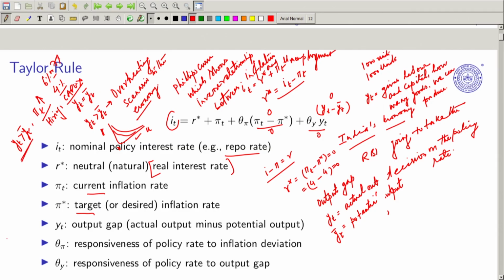But if you are having yt less than yt bar, then it means that it is having a deflationary trend in the economy. Then you will find that everywhere you have high inventory.